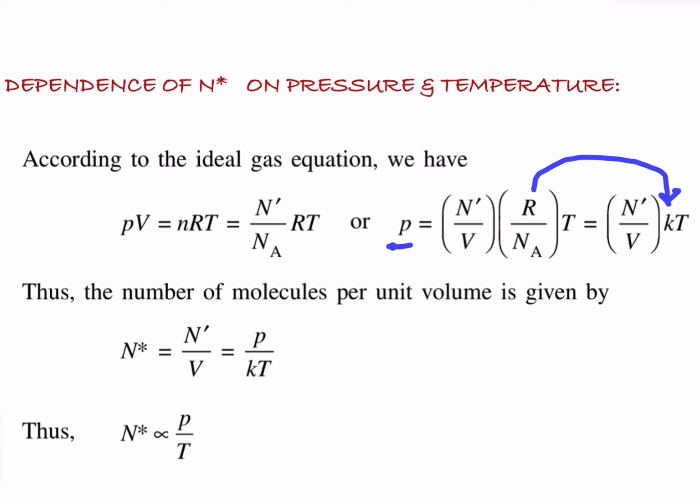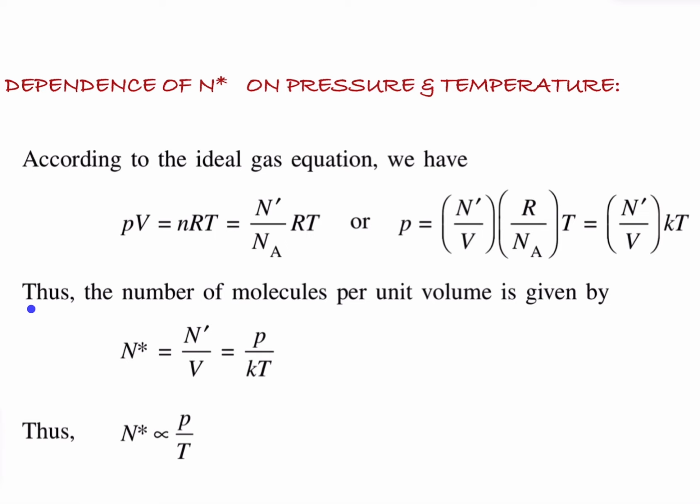So ultimately the pressure of the gas is equal to n prime by V into kT. In this, k is the Boltzmann constant, the gas constant per molecule, and T is the absolute temperature of the gas. n prime is the number of gas molecules present in the given sample, and V is the volume of the gas.